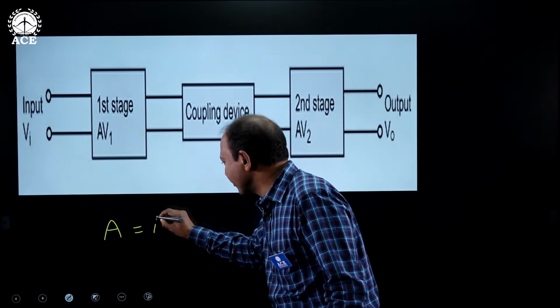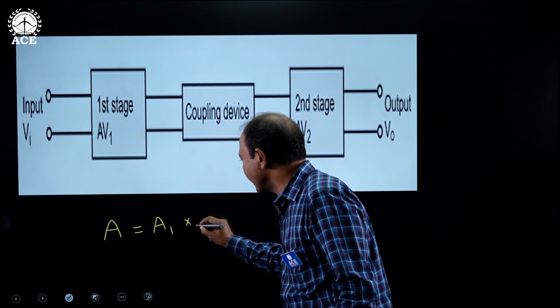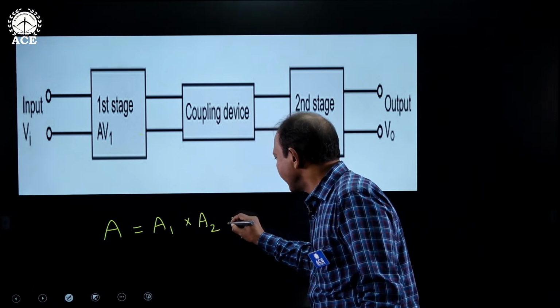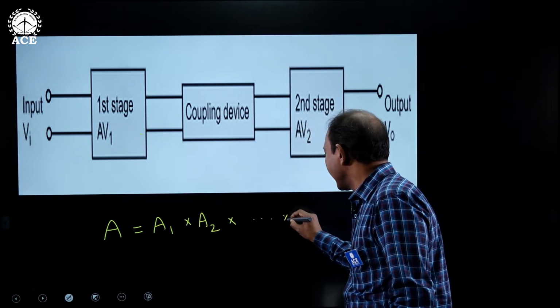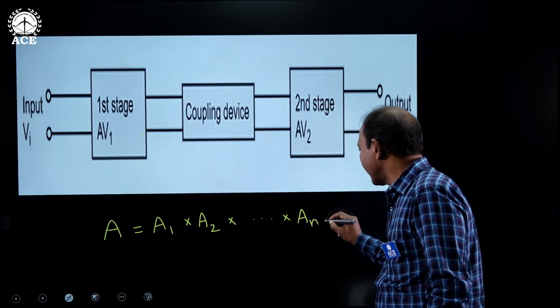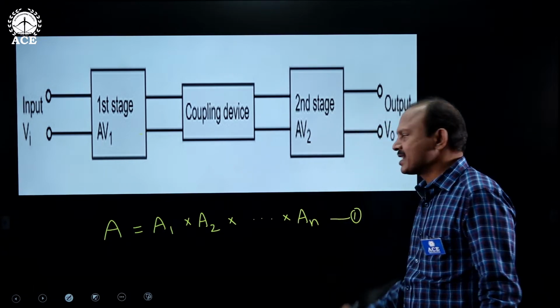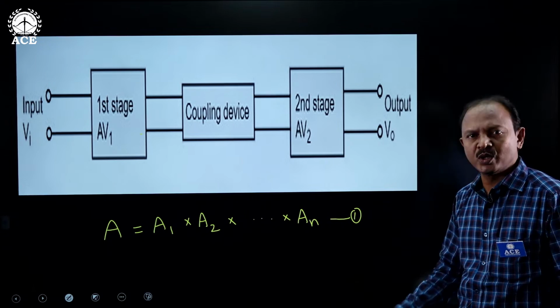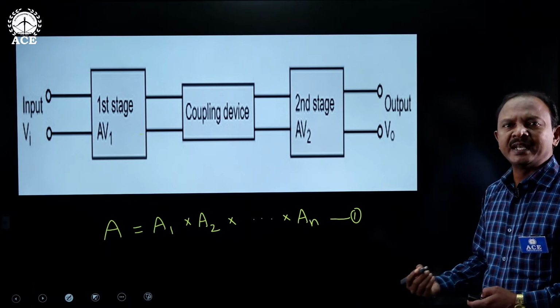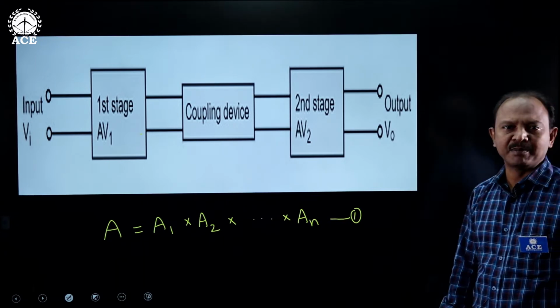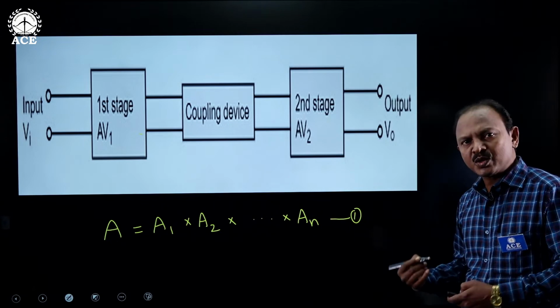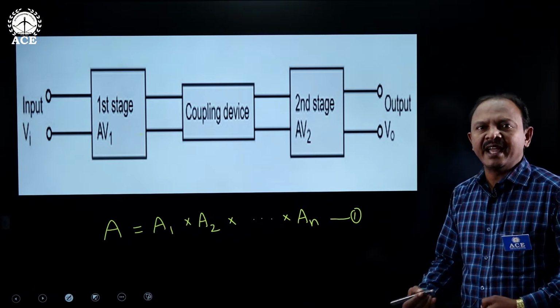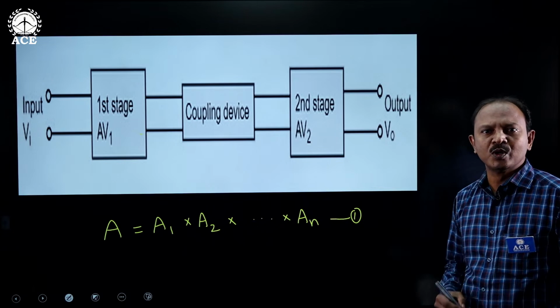That means A1 into A2 and so on into AN is the overall gain of a multistage amplifier. Basically, a multistage amplifier is a high gain amplifier. Now the question that arises is, will high gain reflect on high output voltage?